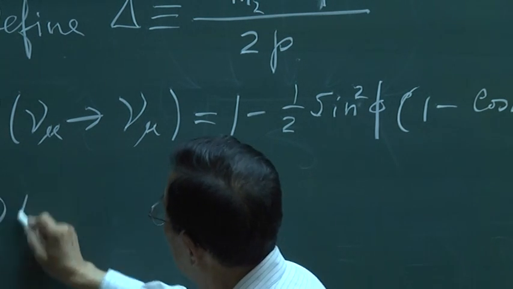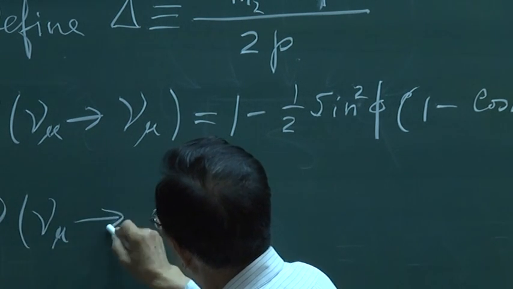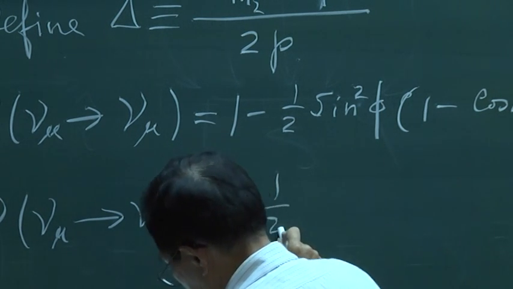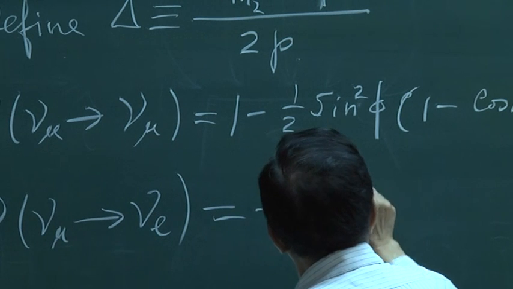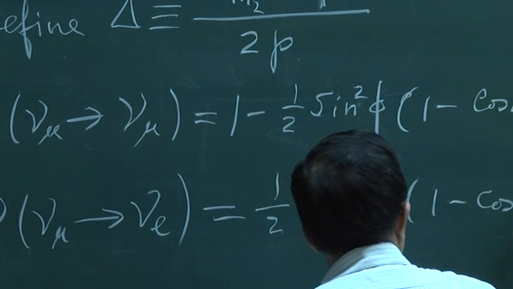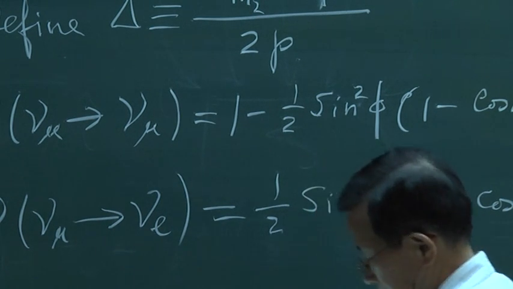And the probability for nu mu to convert to a different one will be equal to 1/2 sine squared 2 phi times 1 minus cosine delta t. Okay?